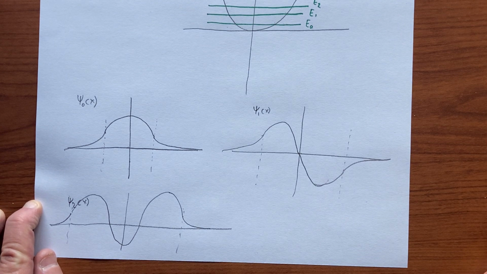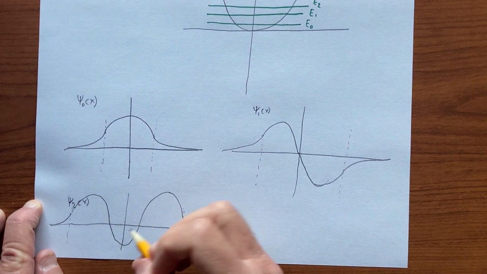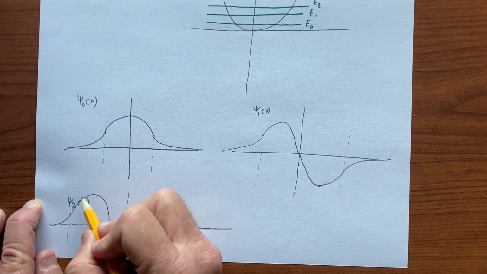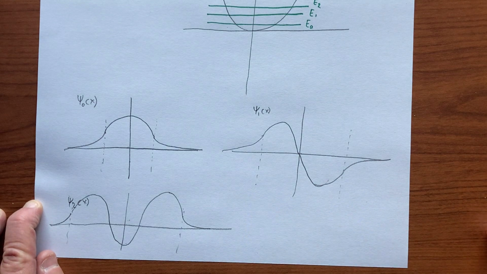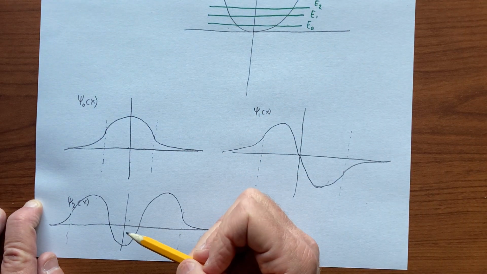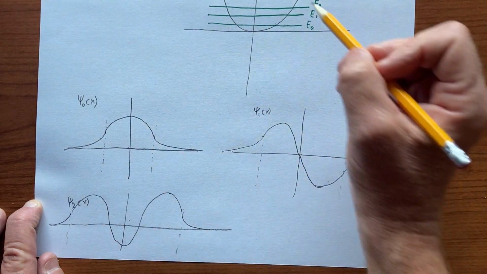It's also important to point out that the amplitude here is smaller than the amplitude here. And that has to do with the difference between the energy and the potential.